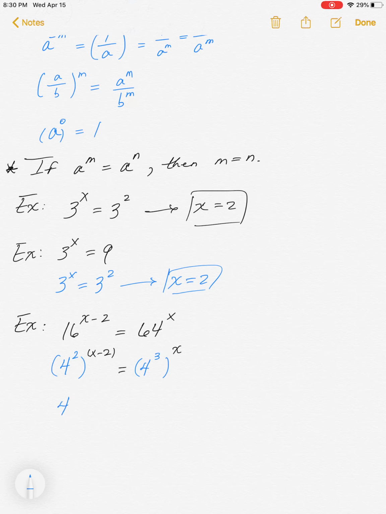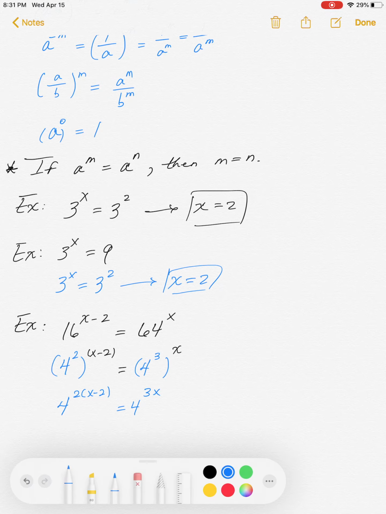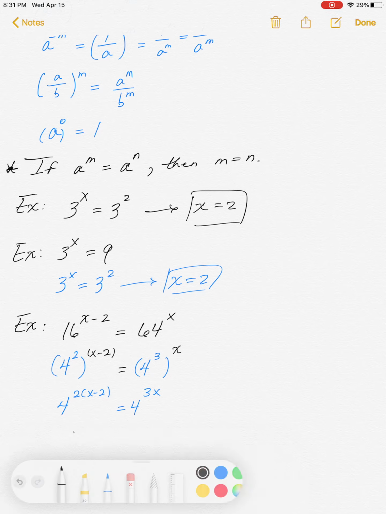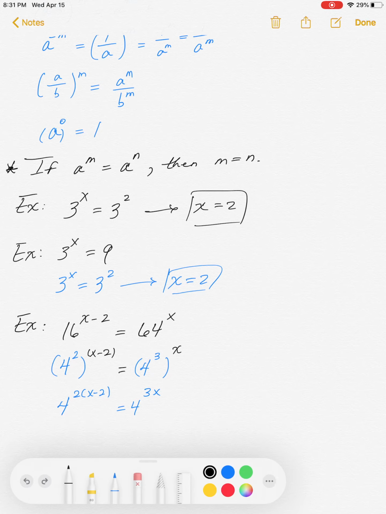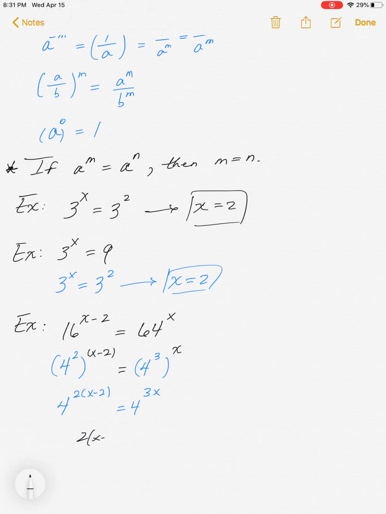So we have 4 to the 2 times x minus 2 equals 4 to the 3x. We multiply the exponents. Now by the corollary, the bases are the same. The bases are 4, so we set the exponents equal to each other and get to work. So we have 2 times x minus 2 equal 3x.